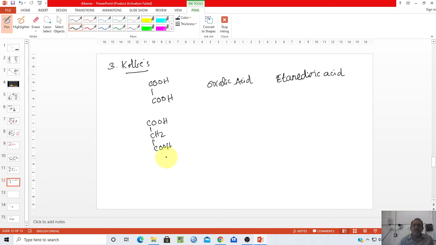Three, so the root is propane, with two acids: propanedioic acid, common name malonic acid. Oxalic acid, malonic acid. Now the next higher formula: I'll add one more. This is 1, I am putting 2.